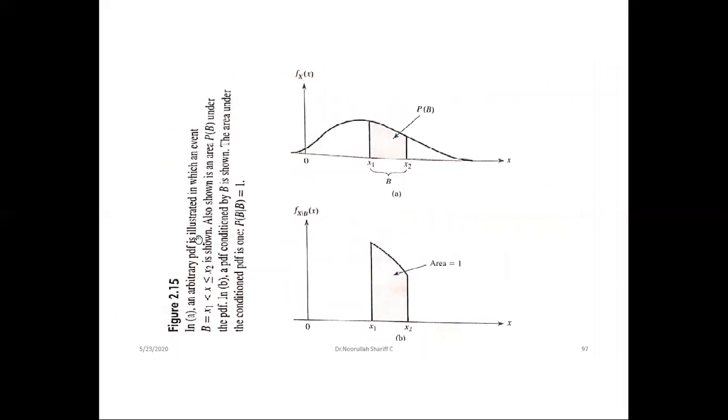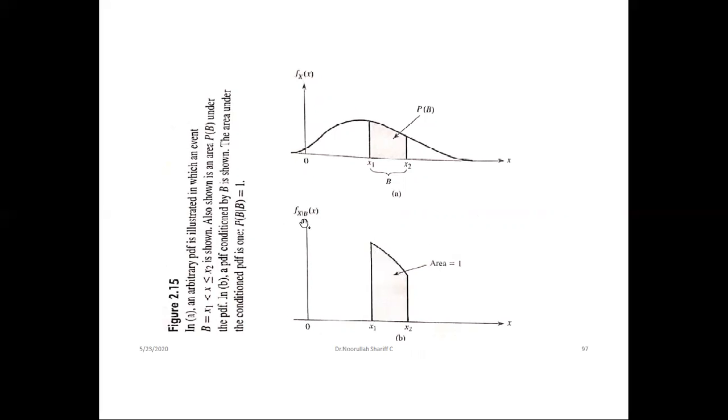So writing it in the figure for the PDF, if the PDF without condition is this, that will give us fx(x). If B is within the range x1 and x2, then the conditioned PDF will have a figure which is like this. Remember that the area of this should be equal to 1, because this is a probability density function.